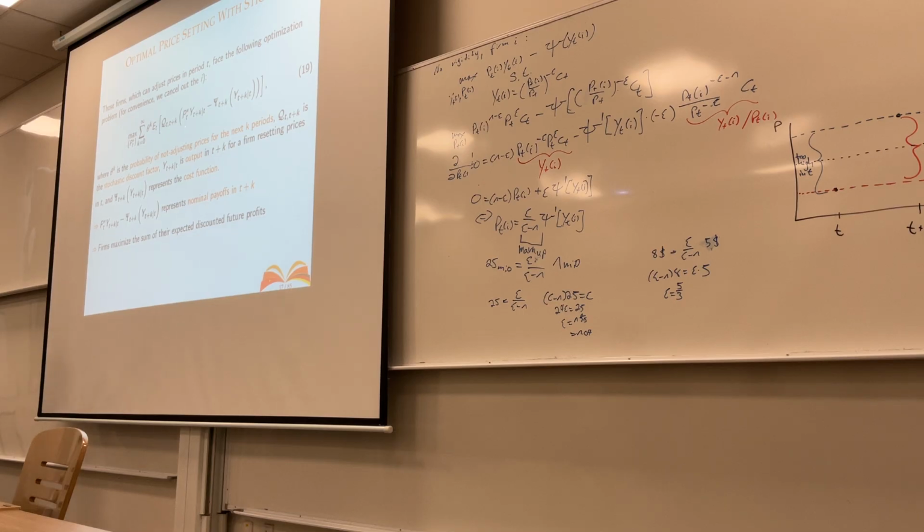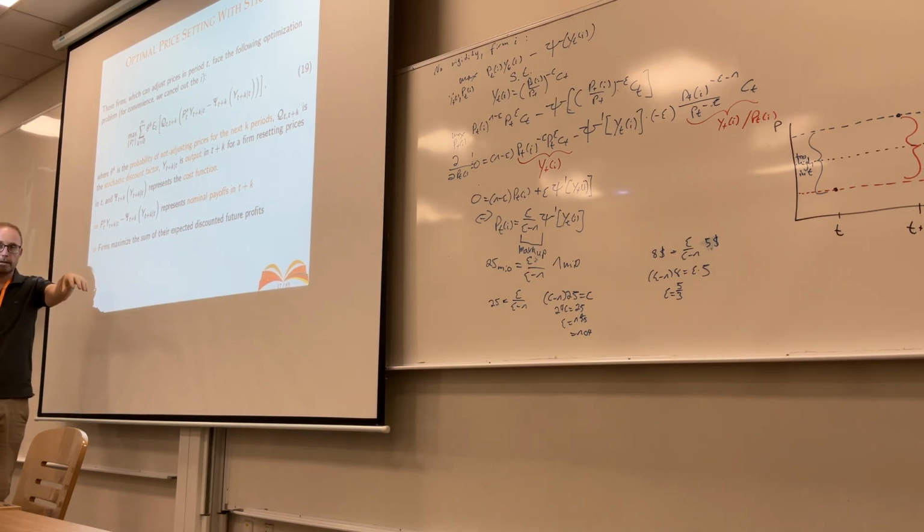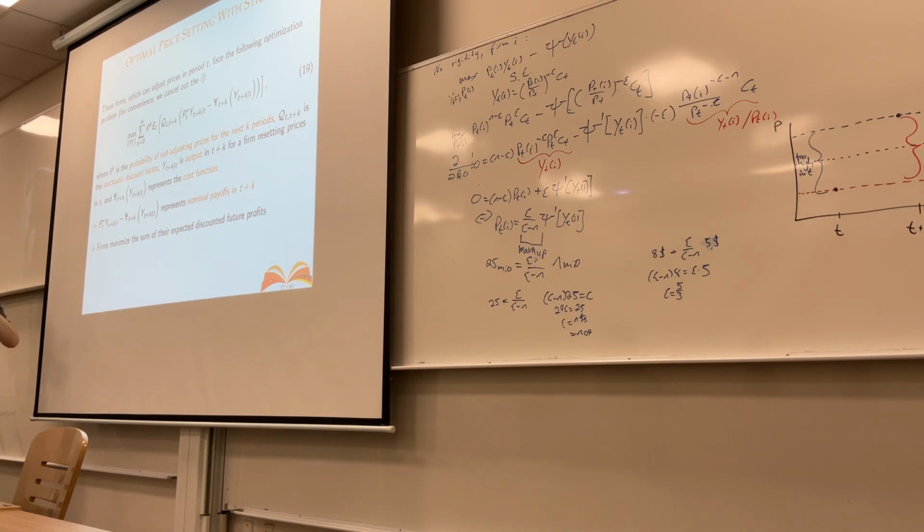All right, let's look back at the maximization problem here. We have this first term here. We have profits today and in future periods. These future profits are multiplied with theta to the power of k. Theta is the probability that our price will be fixed, that the price we choose today will be stuck with it k periods from now.